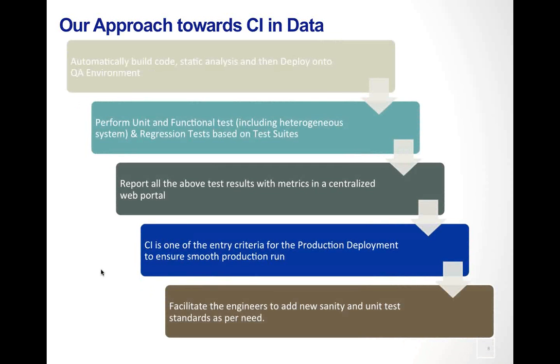So this is the step-by-step approach of what we have developed. As you can see, first is to automatically build the code, then we run the static analysis and then have the code deployed onto our QA environment.